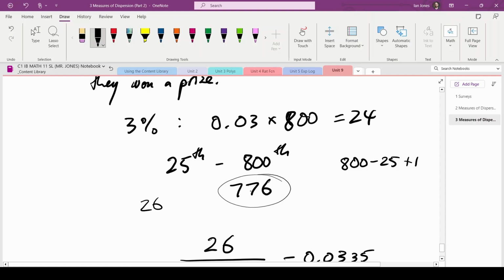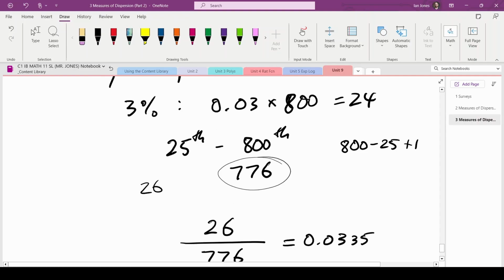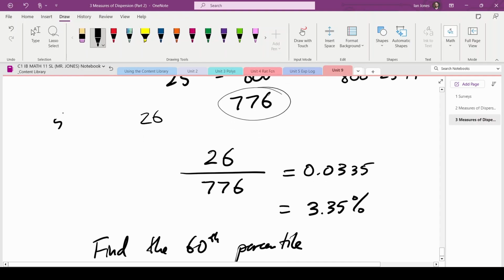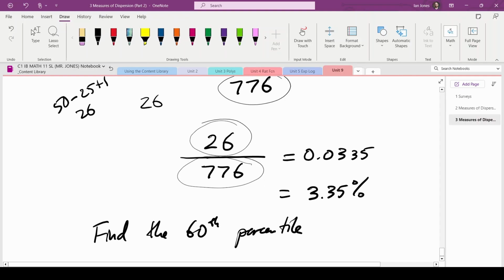And so this person comes in one of these 776 spots, and of them, 26 spots win prizes: 25, 26, 27, 28, 29, 30, all the way up to 50. Or we could go 50 minus 25 plus 1, right? Because you subtract them and add 1 when you're including both endpoints. And so there are this many spots to win prizes out of this many possible spots where he might be, which works out to 3.35%.